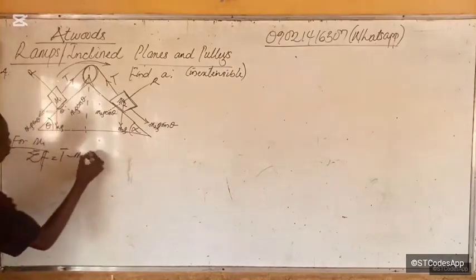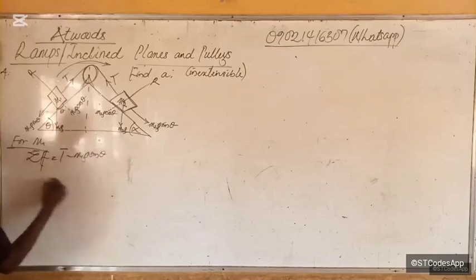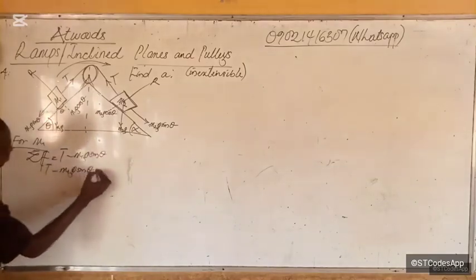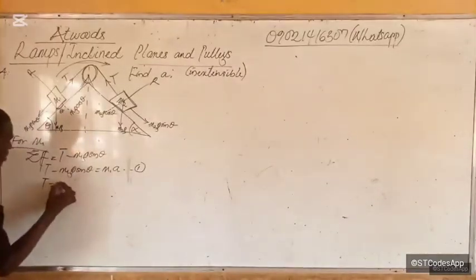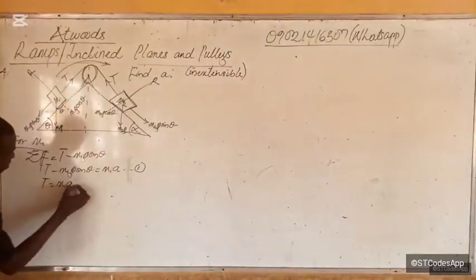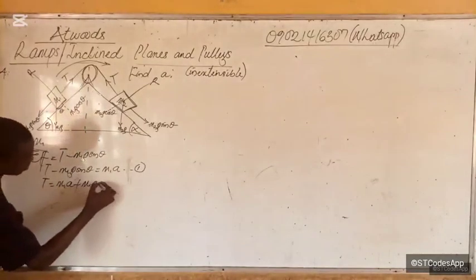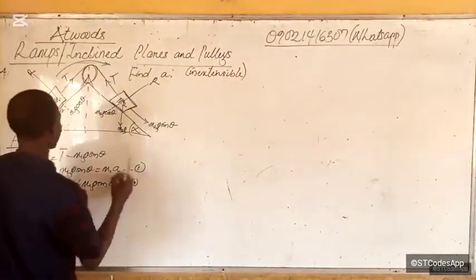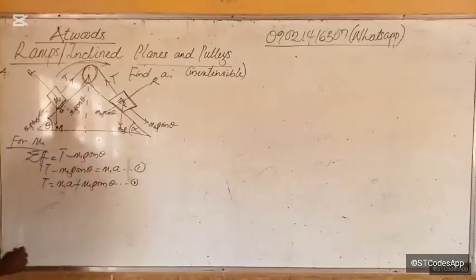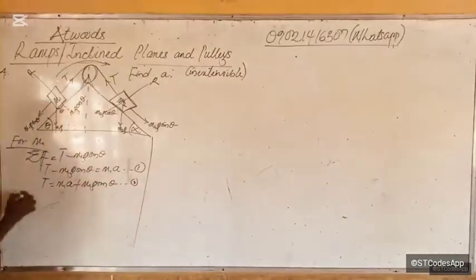So here we have T minus m1g sine theta is equal to m1a. So T can therefore be equal to this, equation 1. So T can be equal to m1a plus m1g sine theta. All right, this should be equation 2. Then we can now draw for m2.